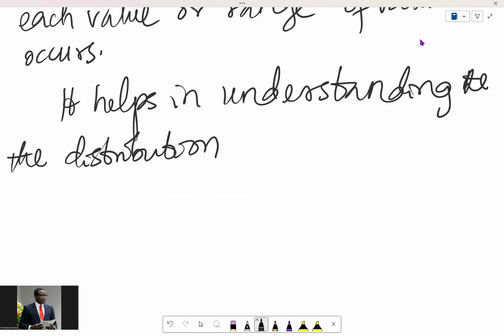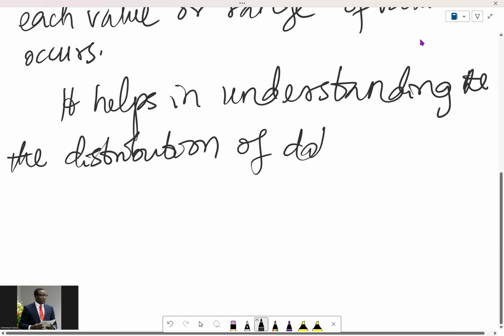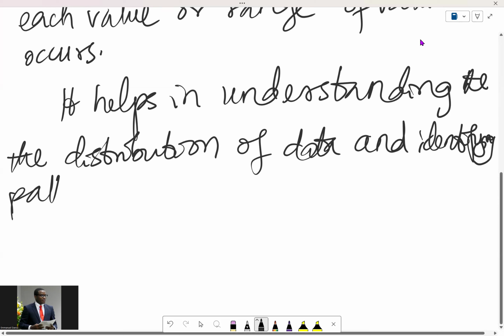It helps in understanding the distribution of data and identifying patterns.